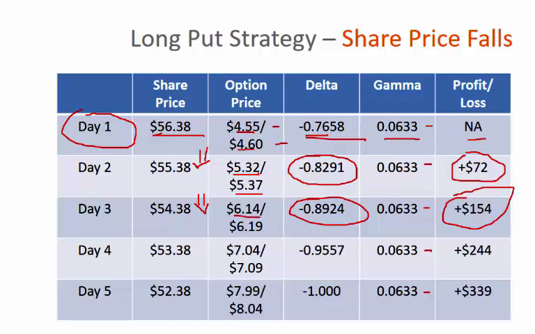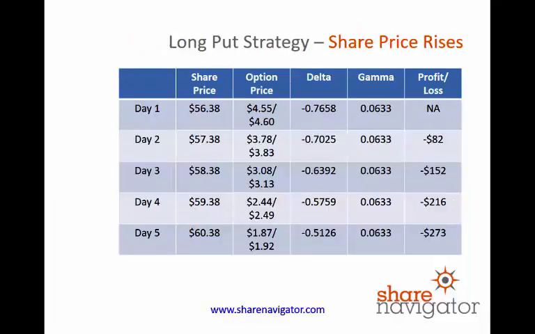So that's a profit of 154. We continue that for each $1 drop as we go on, and you can see eventually our delta gets to nearly minus 1. It can't go any lower than minus 1, and that's because now our option is so far in the money that for every $1 move in the share price, it's an equal dollar move in the value of the option.